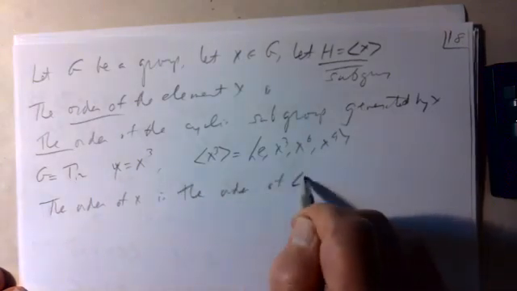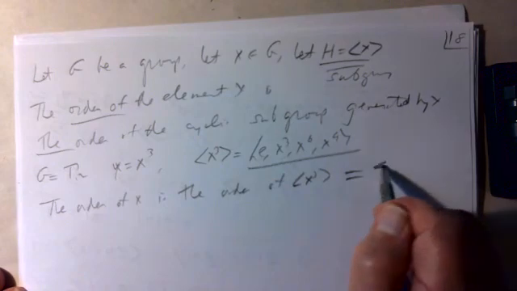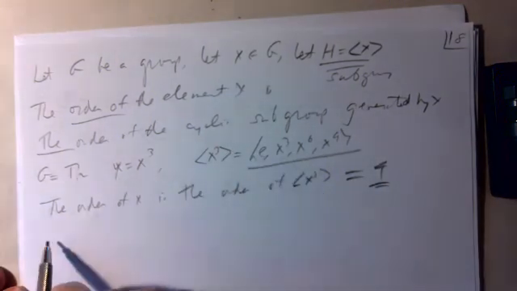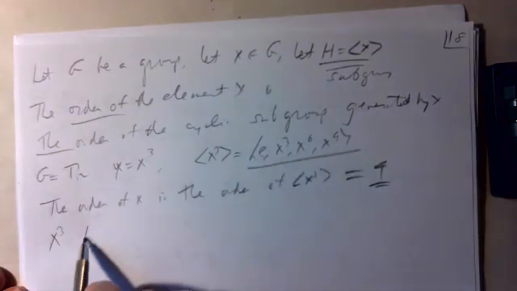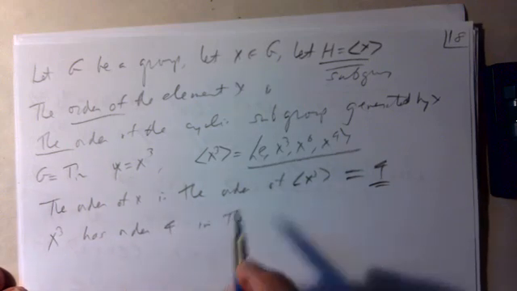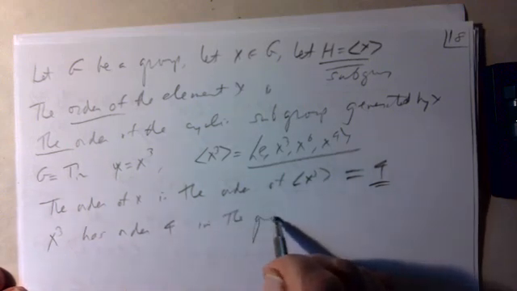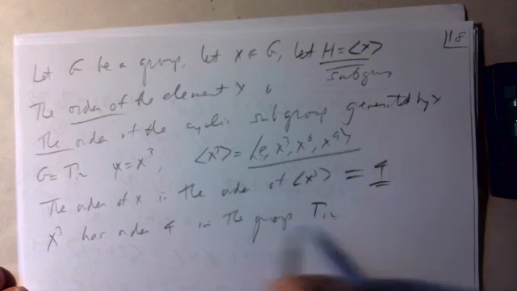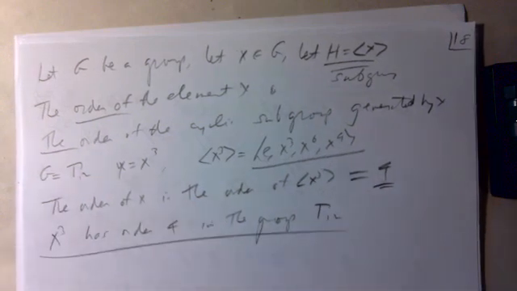So the order of X cubed is equal to 4. So we say the element X cubed has order 4 in the group gamma 12.